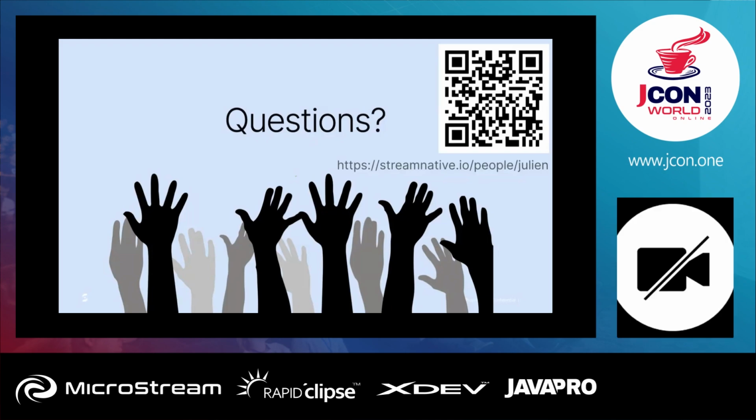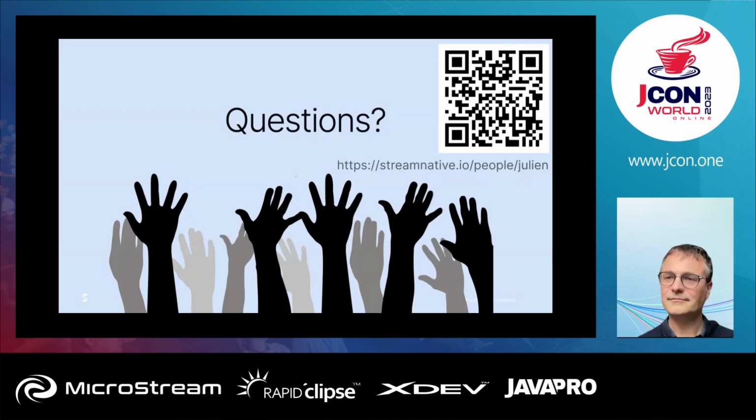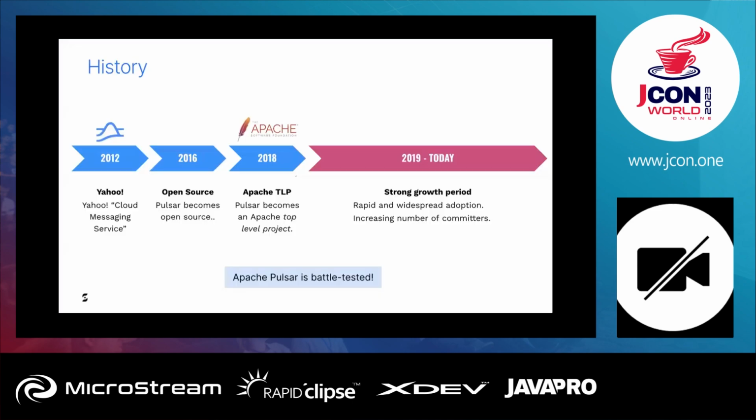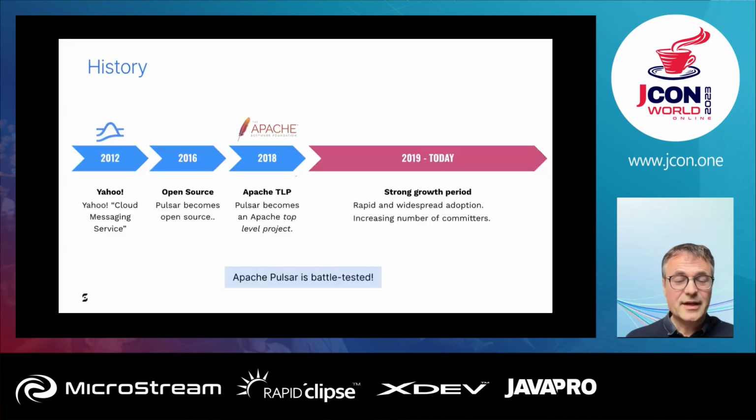I was just wondering, Pulsar, I hadn't heard of it before, but I heard a lot about Kafka and RabbitMQ. What is the reason? Is it because it leaked out of Yahoo not so long ago? Yeah, I would say that's the main reason, because Pulsar became an Apache top-level project several years after Kafka.